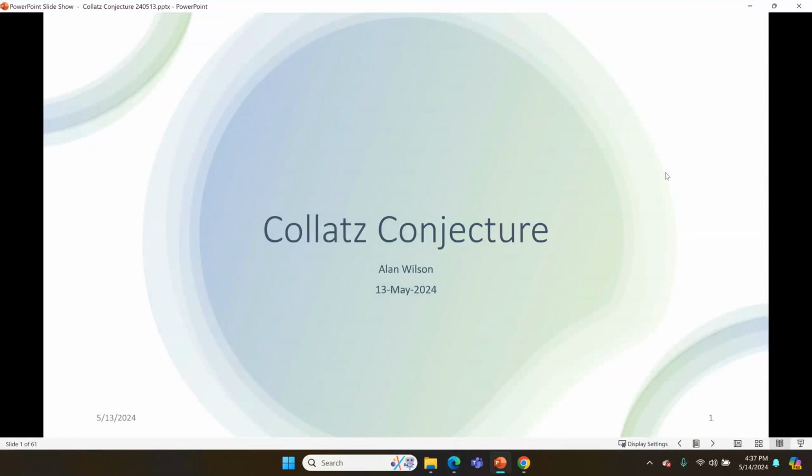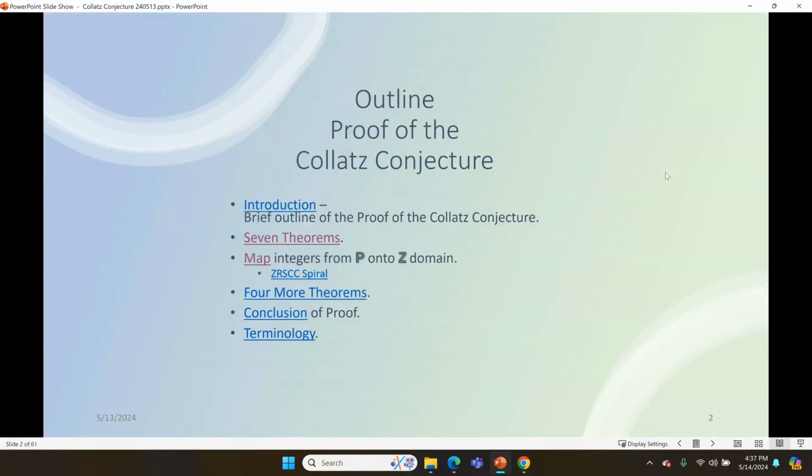Well, hello again. This is the fourth presentation in a series on the Collatz Conjecture. To reiterate, we started with an introduction to describe the Collatz Conjecture and outline the steps in the proof. Following that, we had a lengthy series of 7 theorems that covered the main properties of the tree for the Collatz Conjecture.